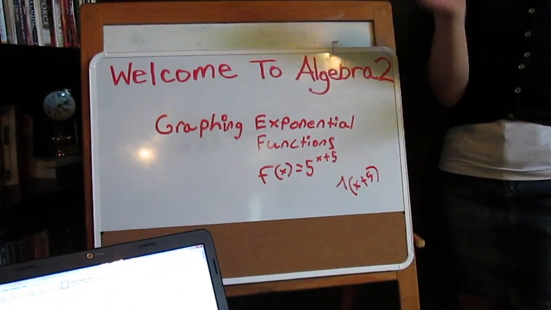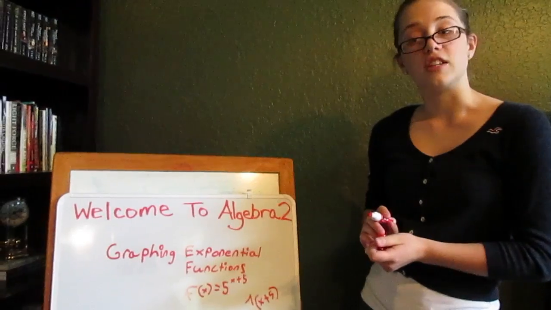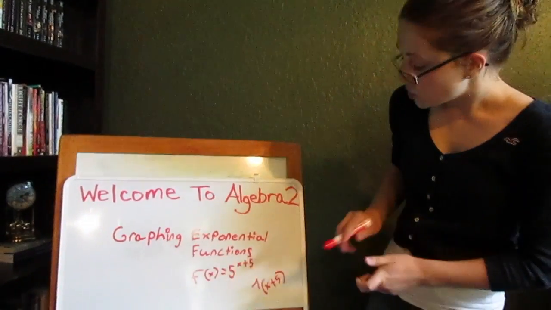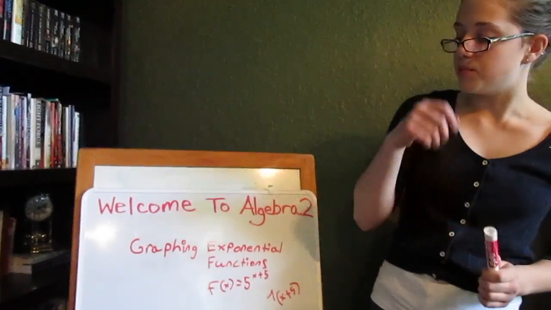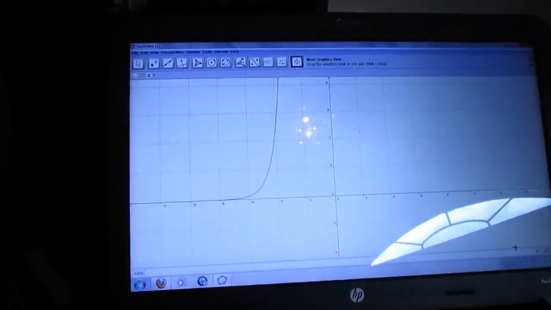Make sure the parentheses are around the entire exponent, or this function will not be correctly graphed. Once you have typed all that into the input bar, press enter, and this will be the function that is graphed.